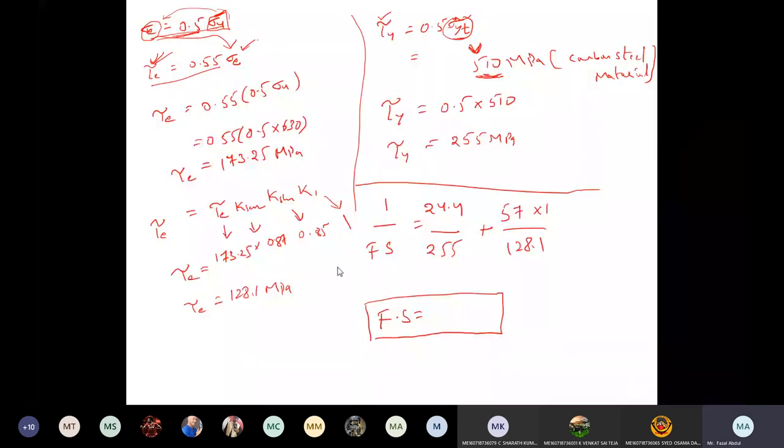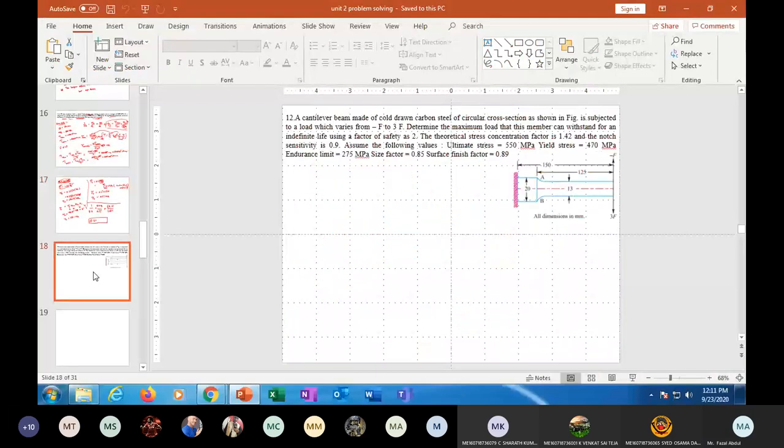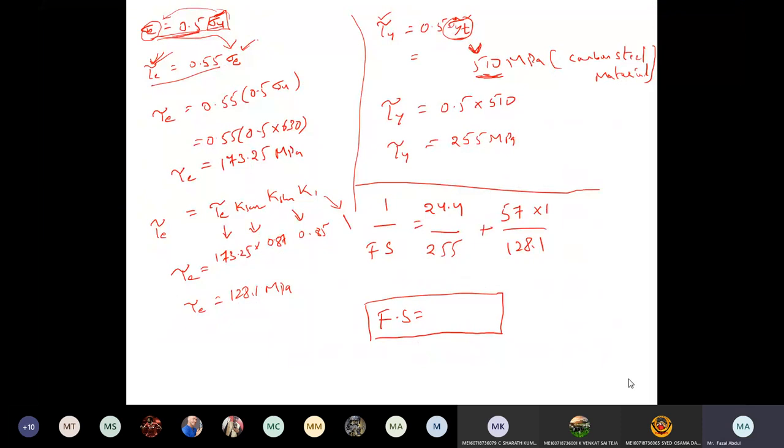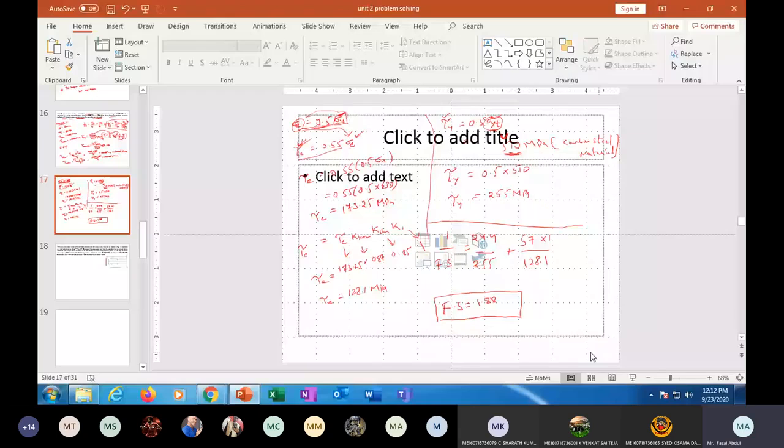What was the answer yesterday? 0.888, very good. So this is the answer we got yesterday, 1.88. Okay, so this is the same for all. Is it the same for all? If it is the same, you will go to the next problem.